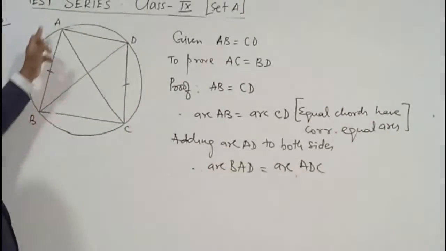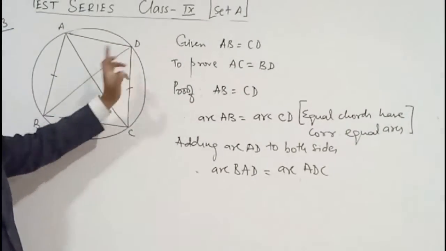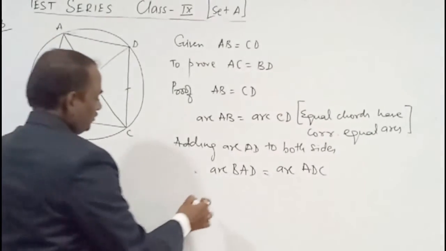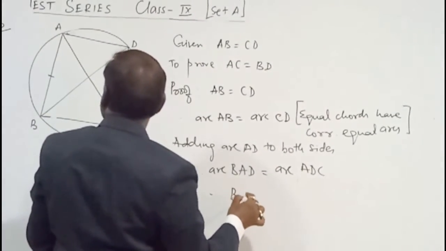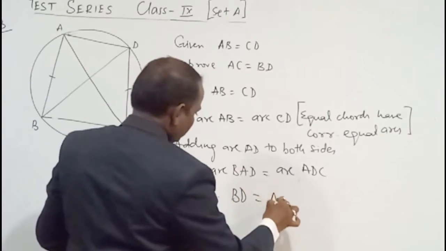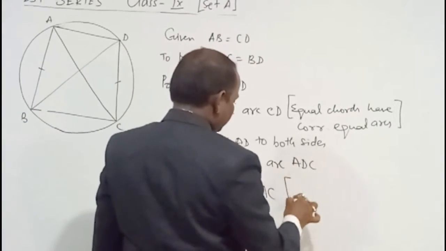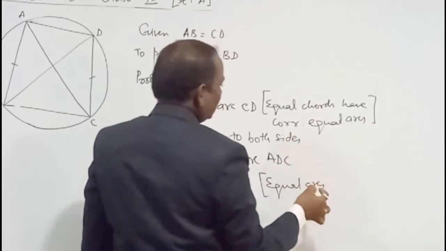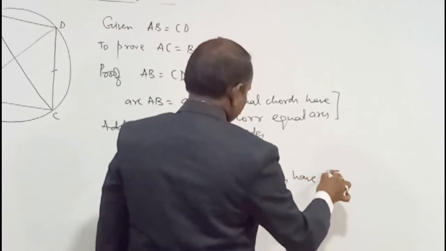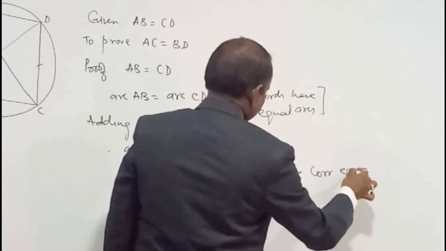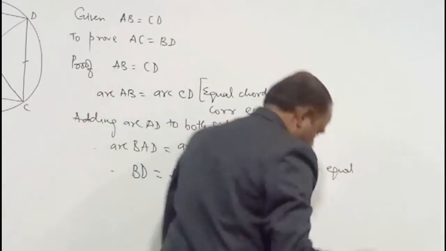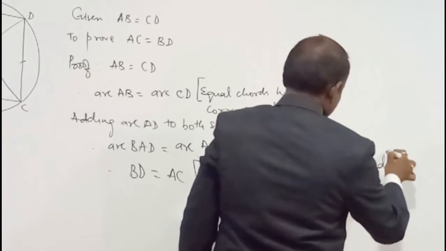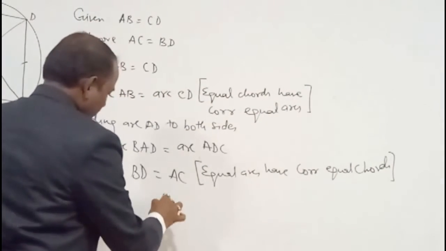So, for arc BAD, the corresponding chord is BD, and for arc ADC, the corresponding chord is AC. So, therefore, I can say that BD is equal to AC. Here we write this reason: equal arcs have corresponding equal chords. Hence, it is proved.